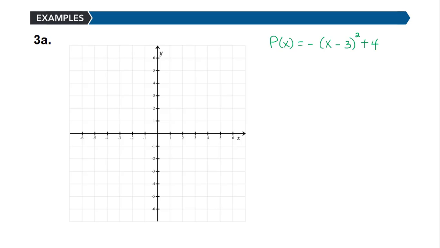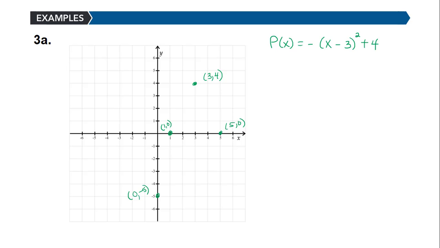I'm going to plot the point (3, 4). I will plot my x-intercepts and y-intercepts. So my y-intercept was (0, -5). I had x-intercepts of (1, 0) and (5, 0).